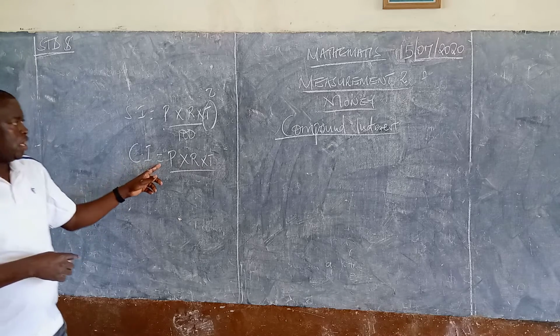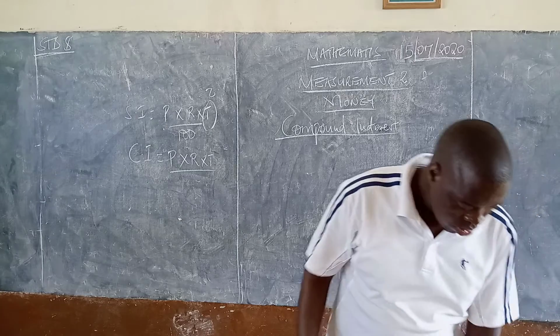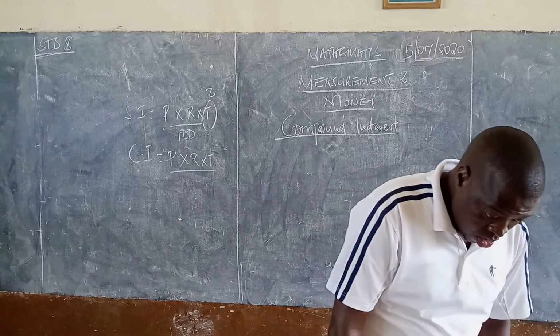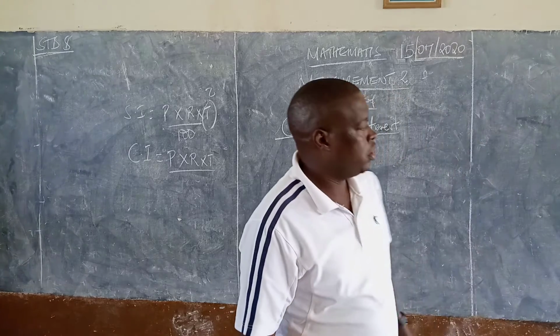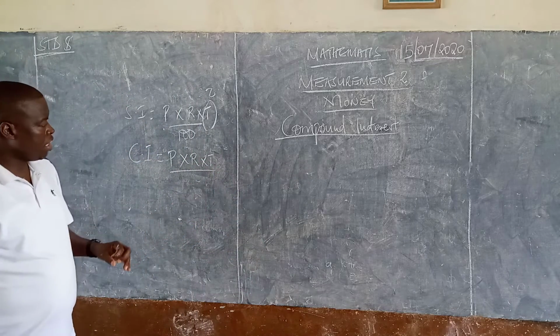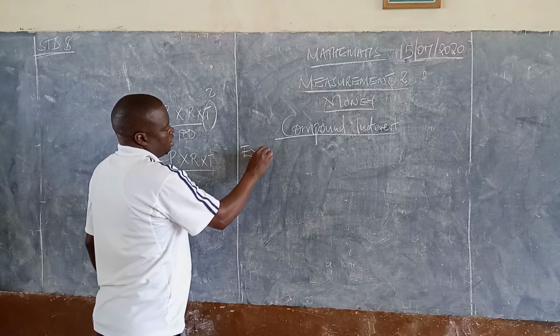For example, I want to take you through examples here. The total interest earned, for example, if it is 3 years. Example 1.